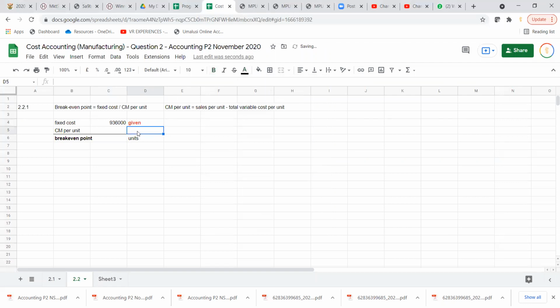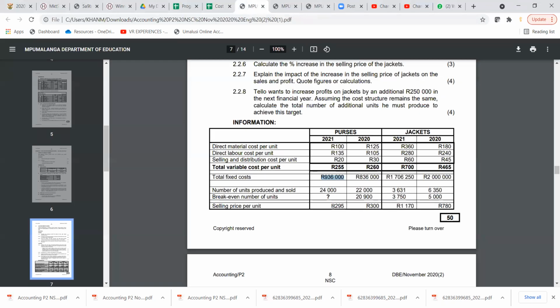Okay, and then for break-even point, contribution margin per unit is 295 minus 255. Contribution margin per unit is selling price per unit, 295, minus total variable cost per unit, which is 255.